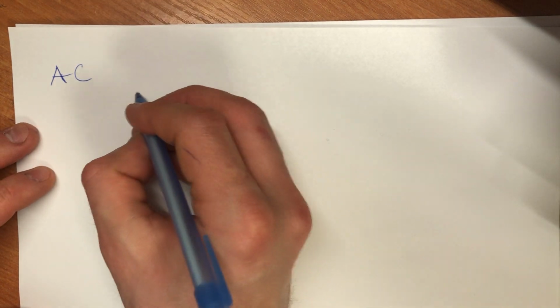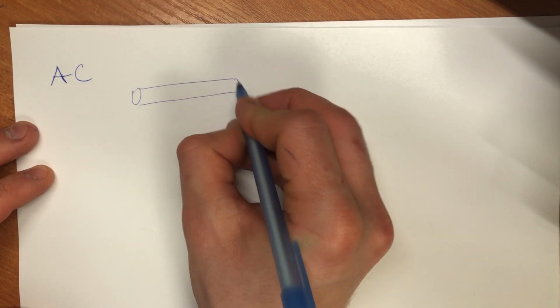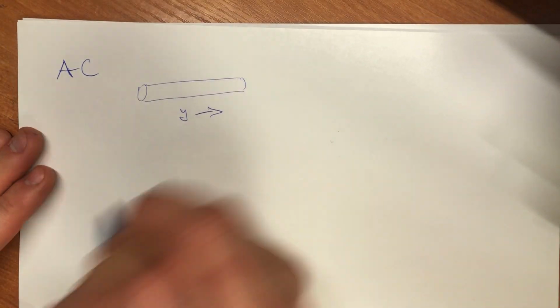Now there is the case when we have alternating current. So we have a wire, and current is flowing.